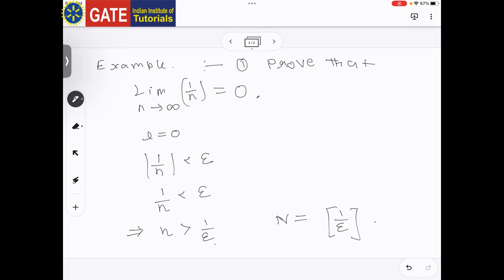So this is if and only if, you can go back from here. That means for all n greater than capital N, |a_n| is lesser than epsilon. So definitely the sequence converges to 0.